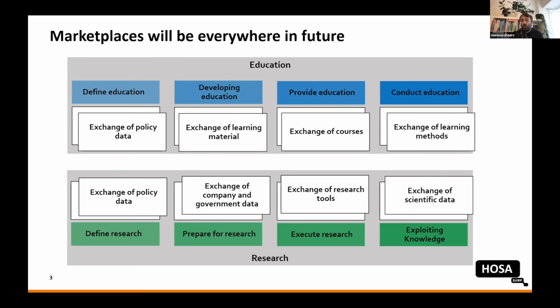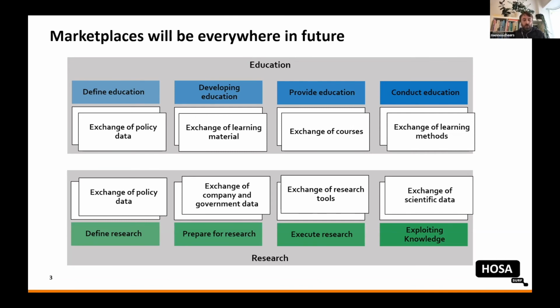How can we develop a coherent landscape so we can organize these touch points between, for example, exchanging of learning material and research data management, or between the digital learning environment and the virtual research environment? So there are all kinds of connections there.